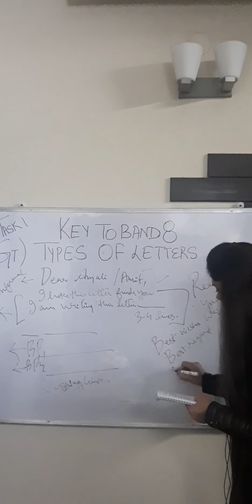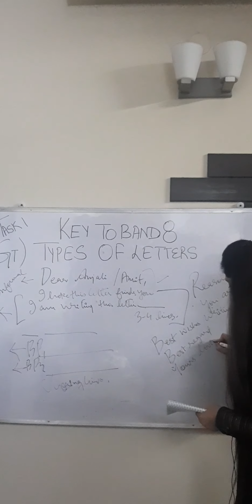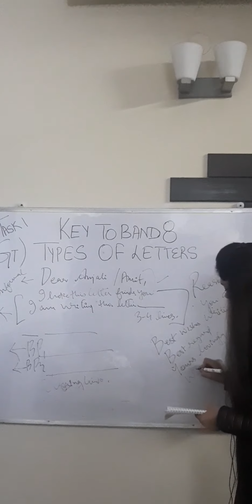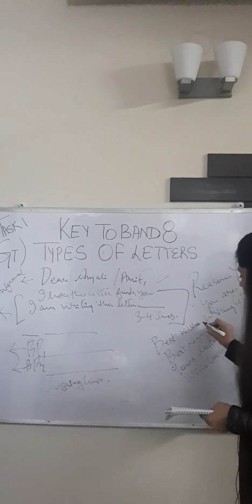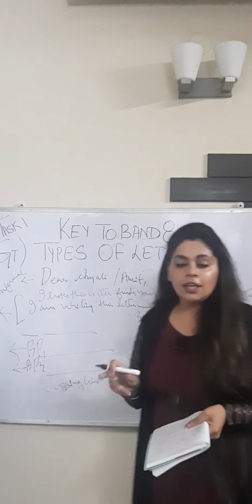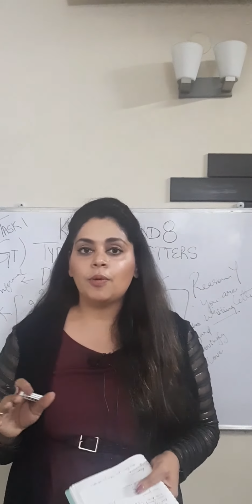Yours lovingly, Y capital, lovingly L small, and with love. Mind, there have to be no commas here, okay? And you do not need to write down the date also. You do not need to write down the date in informal letters.